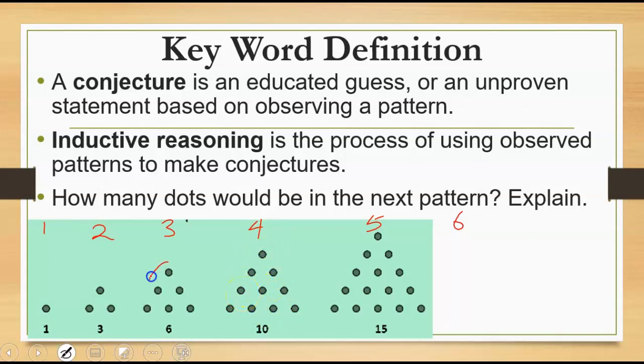I can just circle the one added on, you can see. So we added on the 6 dots from the previous plus the 4 at the bottom. The fifth one again has 5 dots at the bottom, and then it added on 10 from the previous, making it 15.